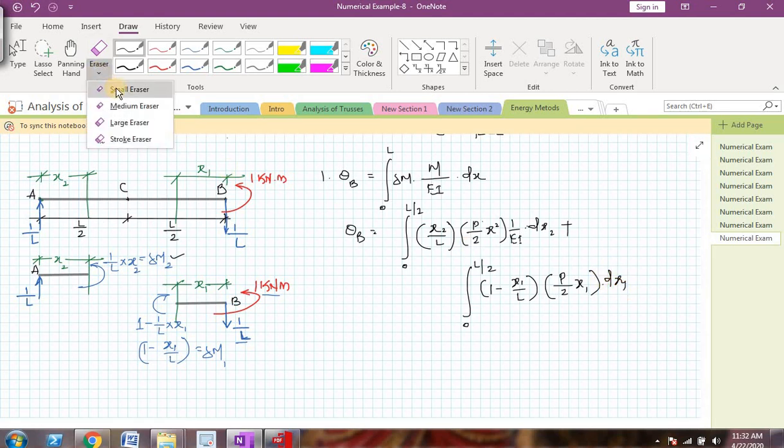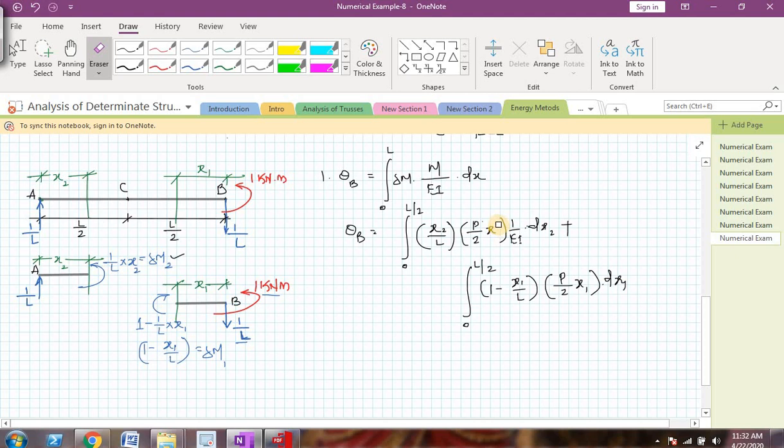So let me just correct this, it is not x square, it is actually x2. So this is how we can do that, and once you solve this, you will get the value of theta B as P L square by 16 EI.